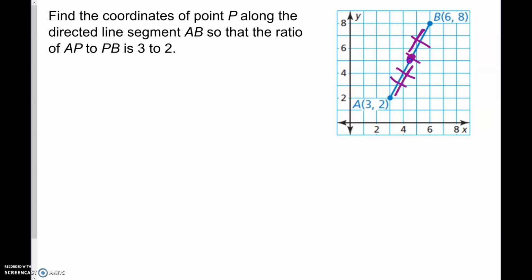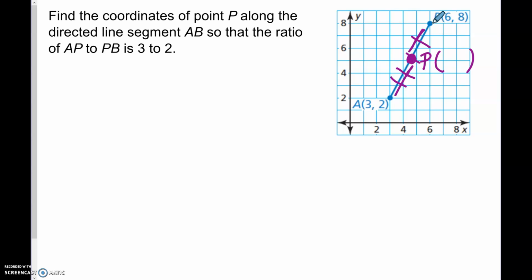And this point right here, that is point P. That's our goal. We are trying to find where point P is so that 3 parts of the line are from A to P and 2 parts are from P to B. Okay, so maybe that will help you. So maybe now you can pause the video and give it a second try.